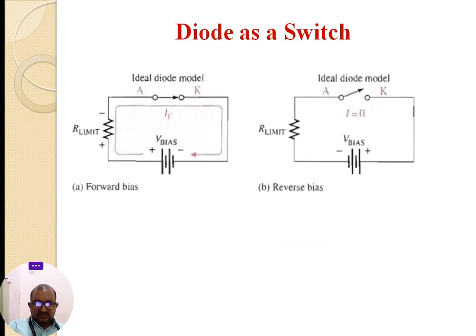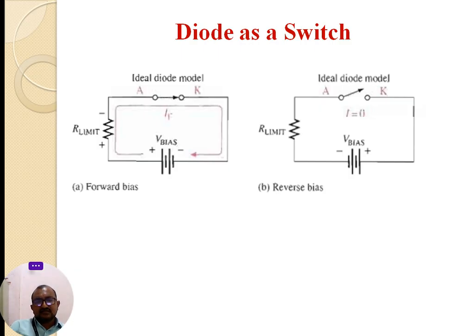Diode as a switch. An application of the diode is the diode as a switch. First of all, considering the diode as a switch means we consider only on and off states. If the diode is connected in forward bias condition, current flows through the diode. This is called a forward bias junction, and at that time the diode acts as a closed switch.